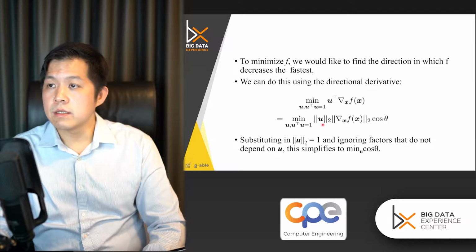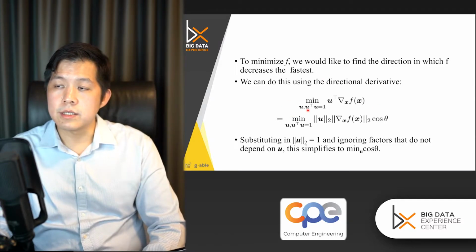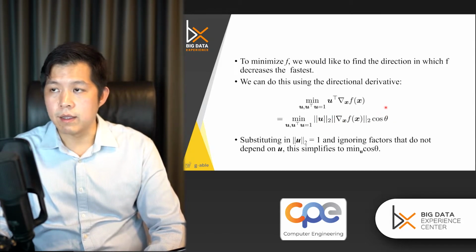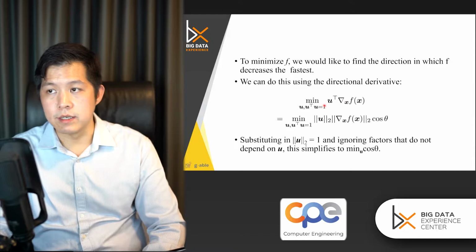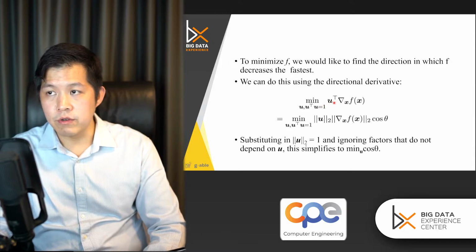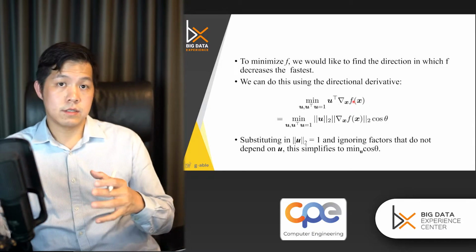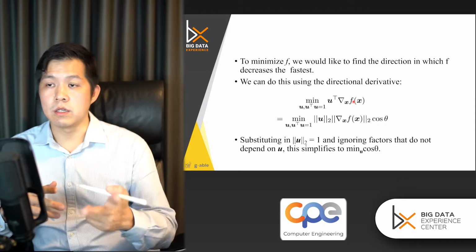So this minimization is the same as minimizing the size of u, the size of the gradient of f(x), and cos theta. Why is that? Because the multiplication of the unit vector and the gradient of f(x) equals the dot product between the two vectors.